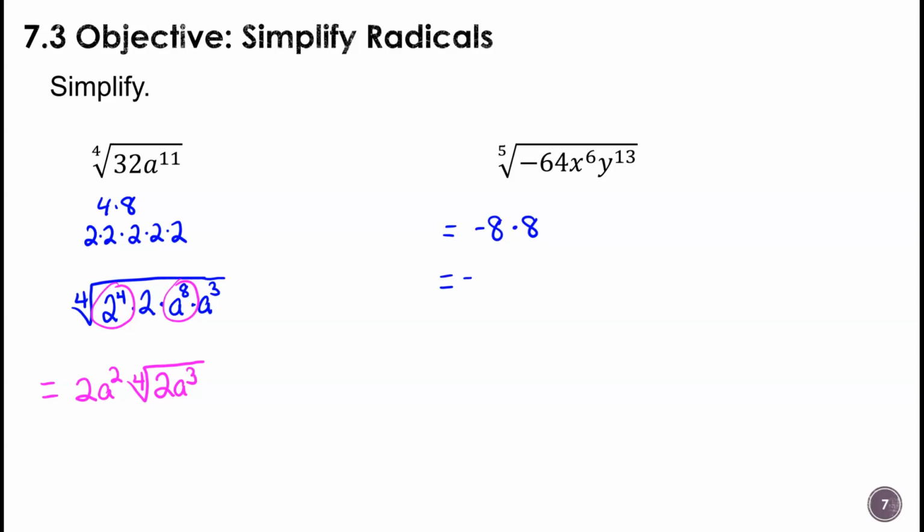I'm just going to keep the negative on the outside and do these. So it's 2 times 2 times 2 times 2 times 2 times 2, and so I have 2 to the 6th power.